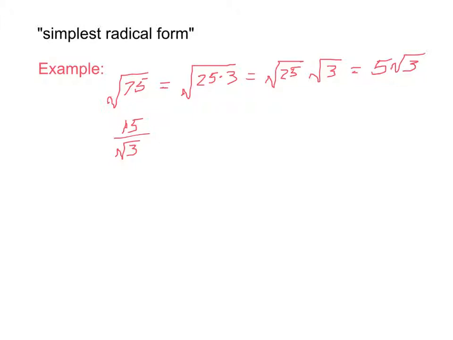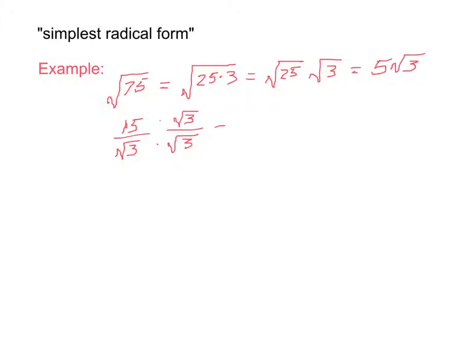In order to rationalize it, we are going to have to multiply this by the square root of 3 to get rid of the radical in the denominator. So I have to multiply the denominator by the square root of 3. But whatever I do to the denominator, I also have to do to the numerator. So I have to multiply the numerator by the square root of 3.